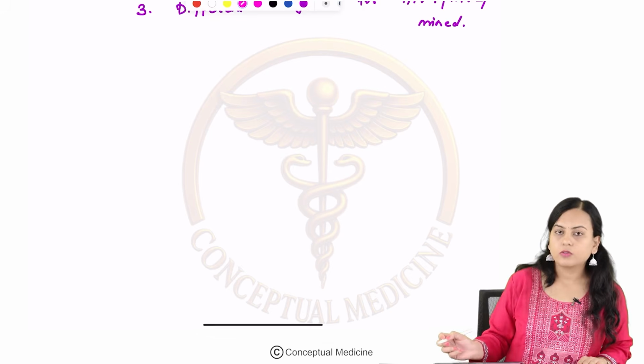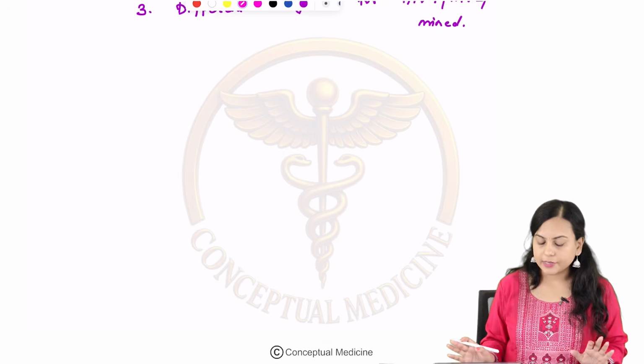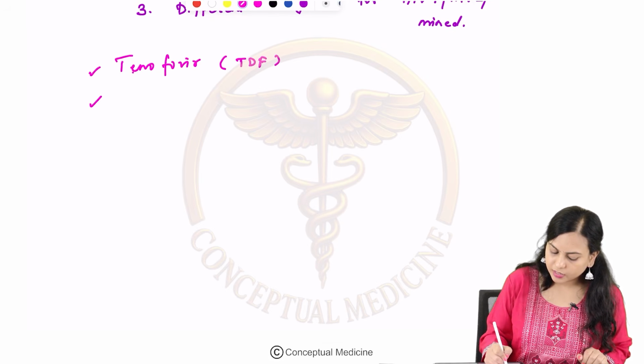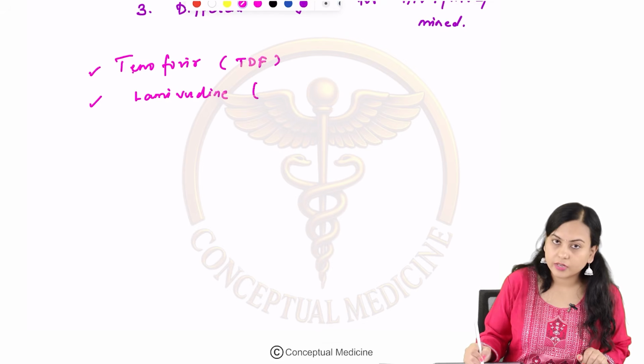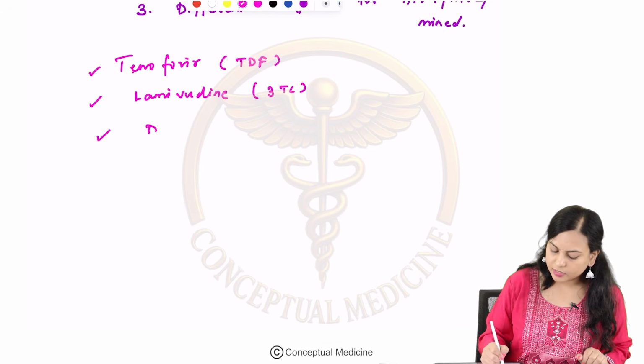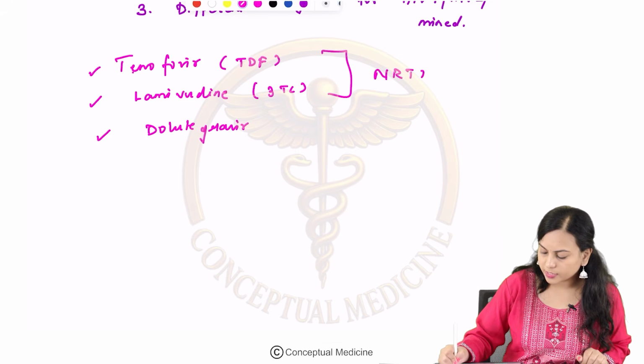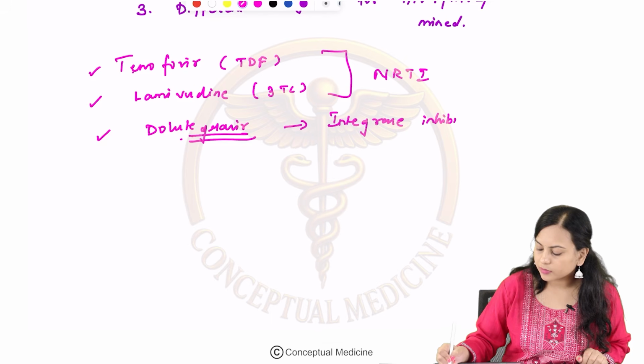Clear? So, this FDC combination mostly includes drugs like tenofovir, which is written as TDF, then lamivudine, which is written as 3TC, and dolutegravir. Okay, so these two are nucleoside reverse transcriptase inhibitors, and dolutegravir, the suffix gravir means this is an integrase inhibitor class of drug.